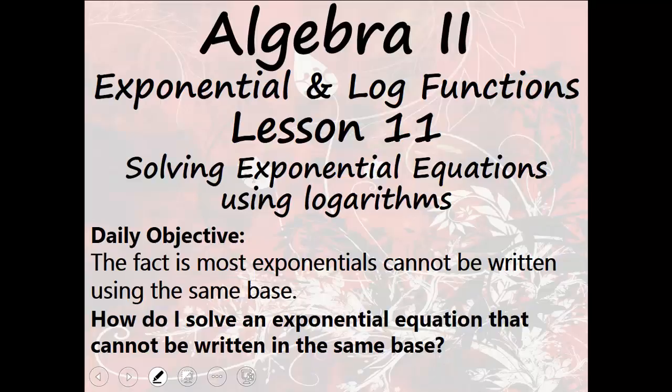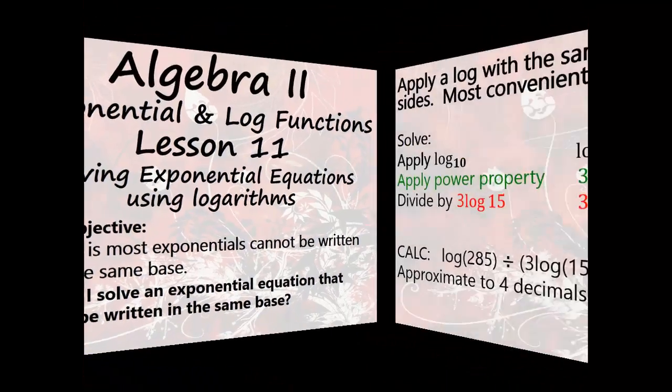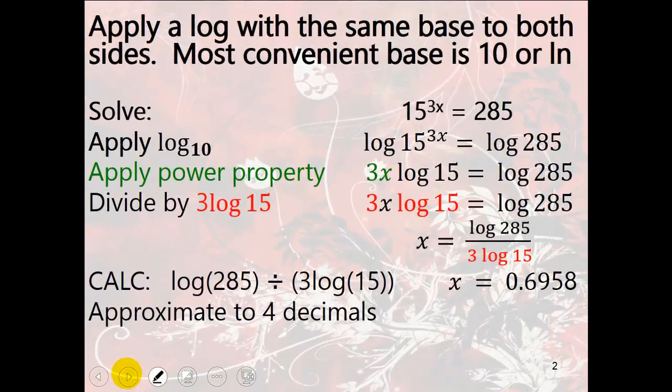So how do I solve an exponential equation that cannot be written in the same base? Well, we're going to apply a log with the exact same base to both sides. This stems out of the equality property of equations, that says that whatever I do to one side of the equation, I have to do to the other side of the equation, so that my equation looks different, but the equality still holds.